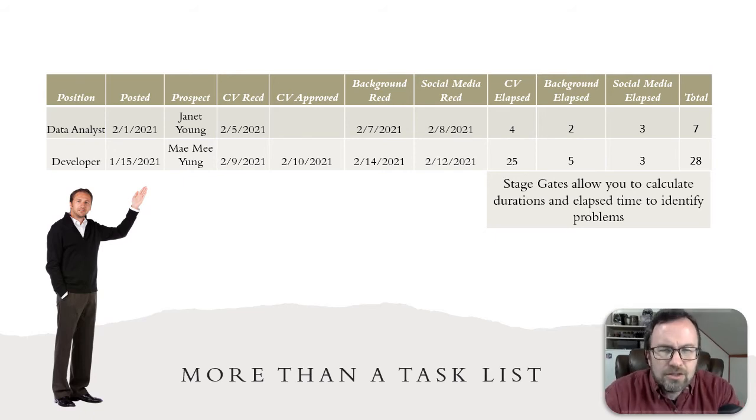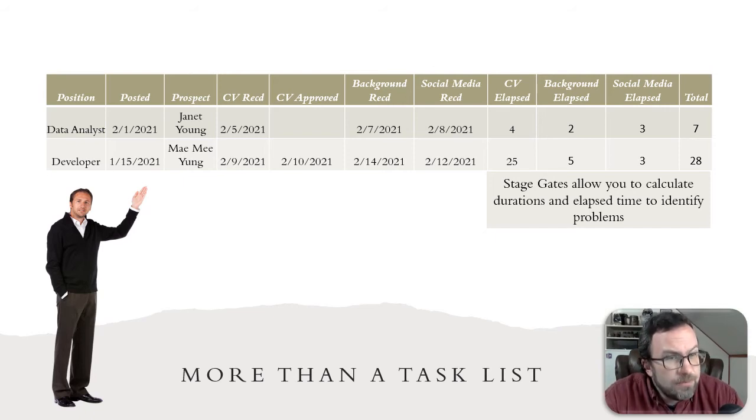This allows us to start to analyze our process more effectively. Now I can ask questions like, why did it take 25 days for us to get a CV for that particular role? And I can go back and evaluate how the role was written. Maybe I posted it in the wrong spot. Maybe I didn't provide enough information to go along with the role. Any number of different things could come into play.